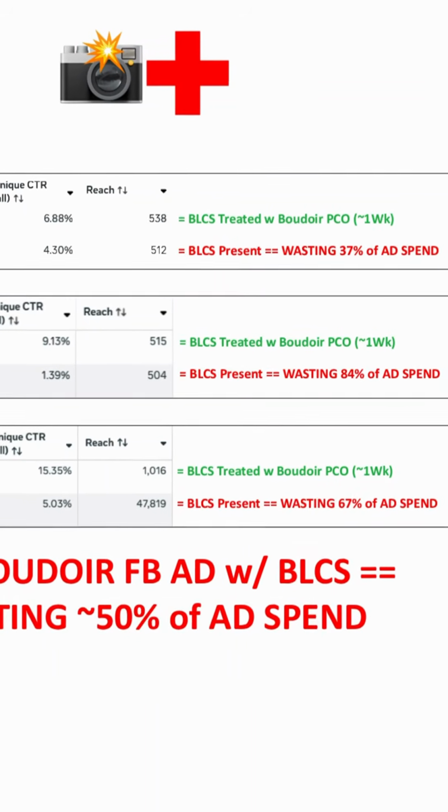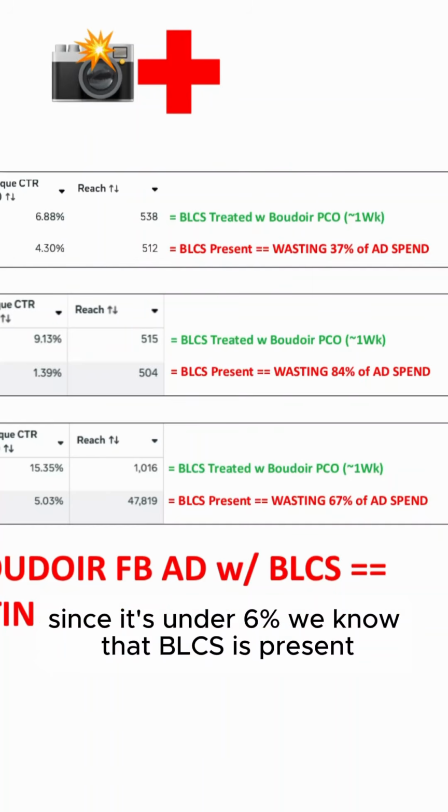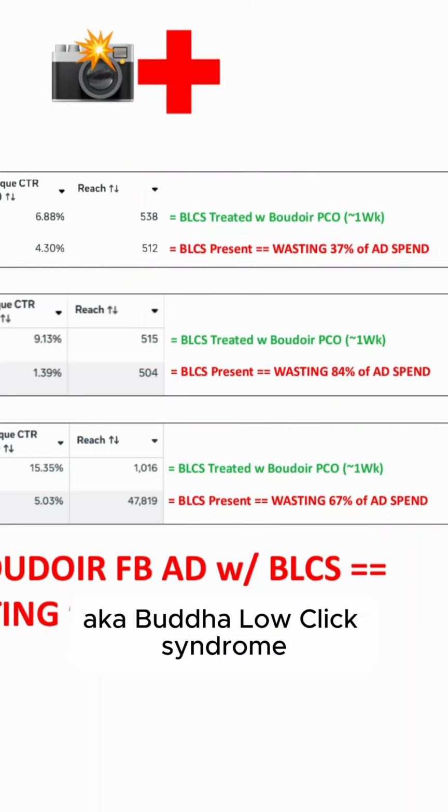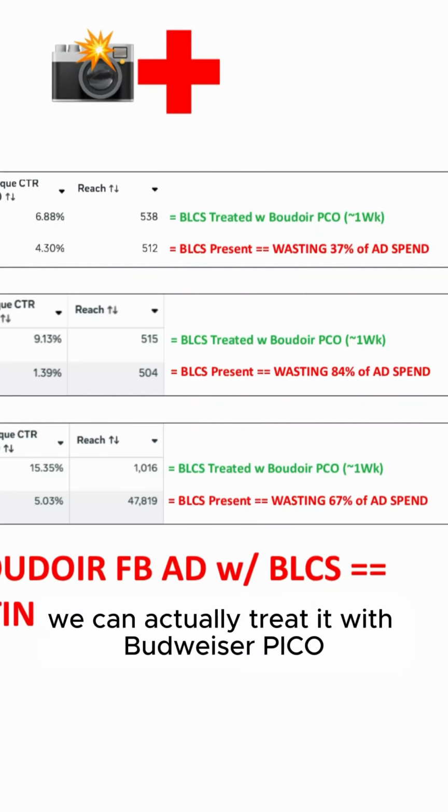And since it's under 6%, we know that BLCS is present, aka Boudoir low click syndrome, and as a result, we can treat it with Boudoir Pico.